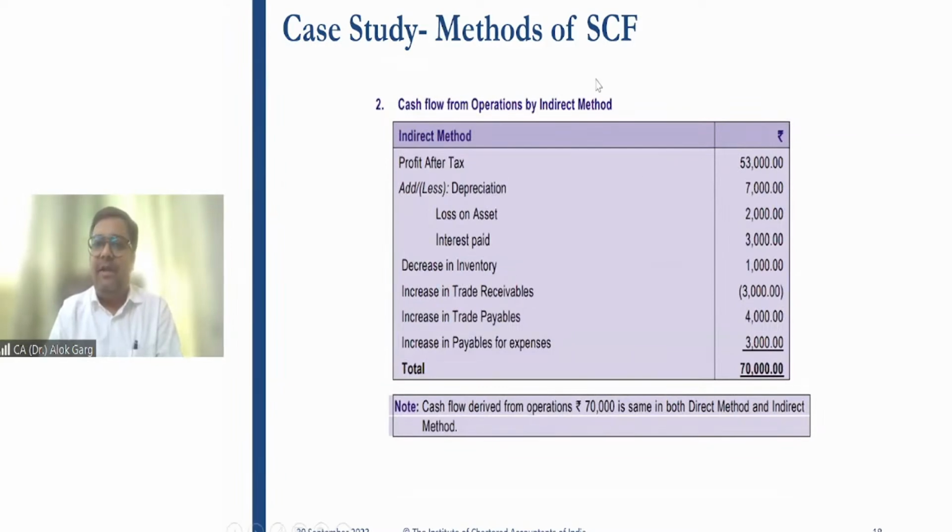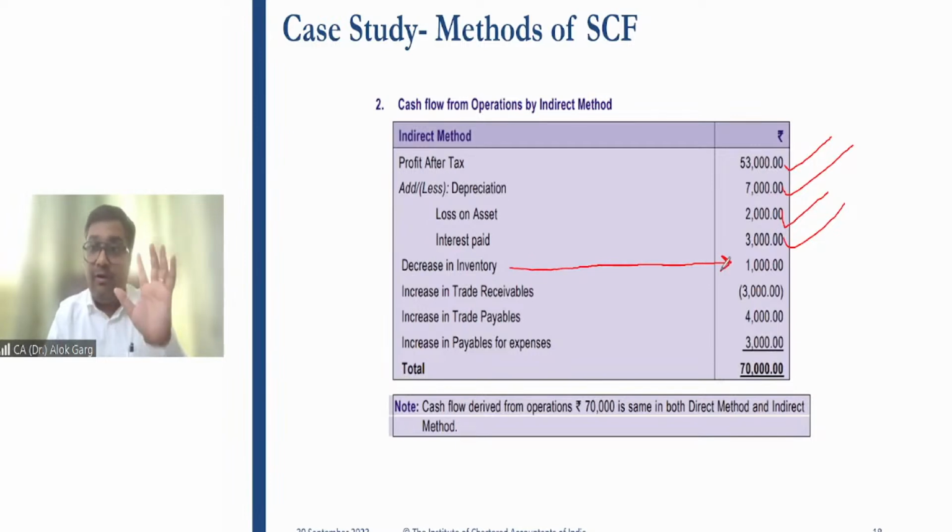By the indirect method it is pretty simple. You have just used the profit before tax. You have adjusted the depreciation. You have adjusted the investing activity item, financing activity item. You have also adjusted your decrease in inventory. Working capital movement, you remember? You have also considered decrease in inventory, right? This is not market value change.